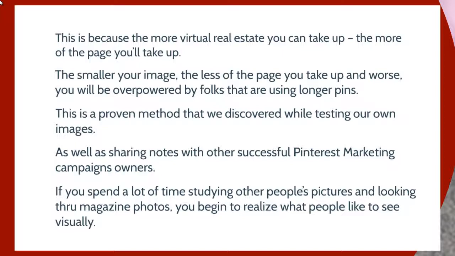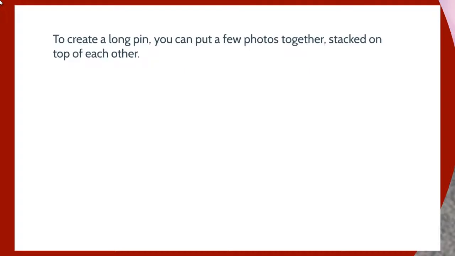But if you look at magazines and how they're laid out, if you can do something similar and lay your images out like that, it's going to be more appealing on Pinterest, because you're going to be competing with everybody else who are mainly just uploading images and that's it. But if your images look really nice and appealing and attractive, you're going to get more clicks.